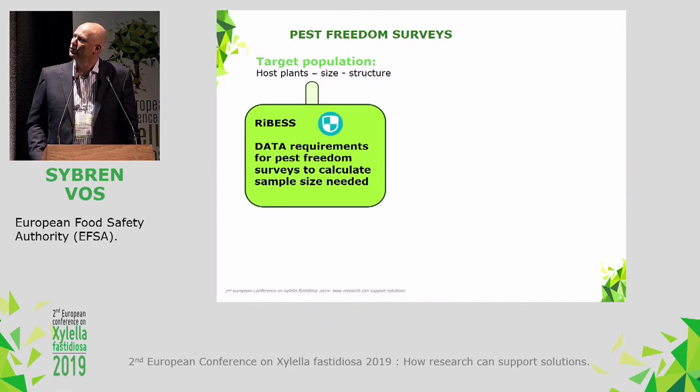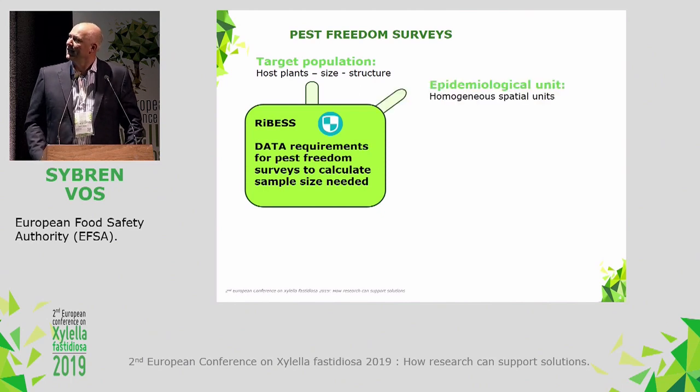But when we make a survey design, we need to make sure that we target the right host range and the host plants in the right areas. So we need to have a good knowledge of this target population a priori before designing a survey. And we need to have information about its size and its structure.